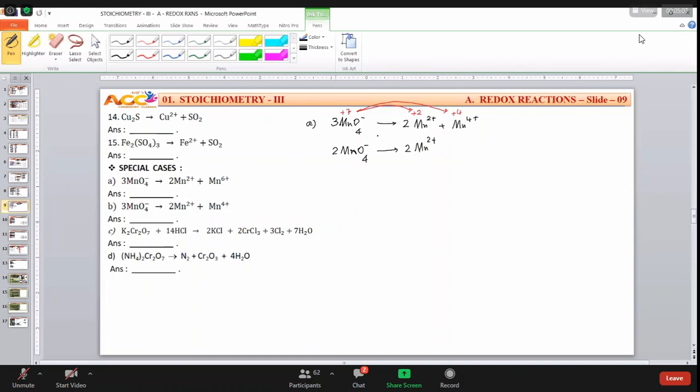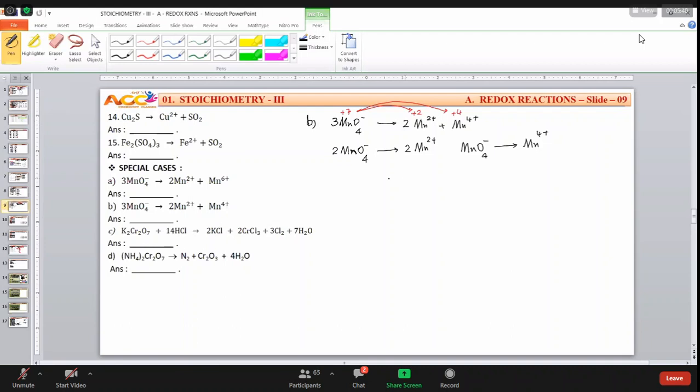Second reaction, the remaining 1 permanganate ion is converting itself to Mn4 plus. 3 MnO4 minus, out of 3, 2 moles are enjoying this journey. Actually, what I have written here in this case, 6 plus he has given. No problem. I think I am enjoying example number 2. Example number 1, you people are genius.